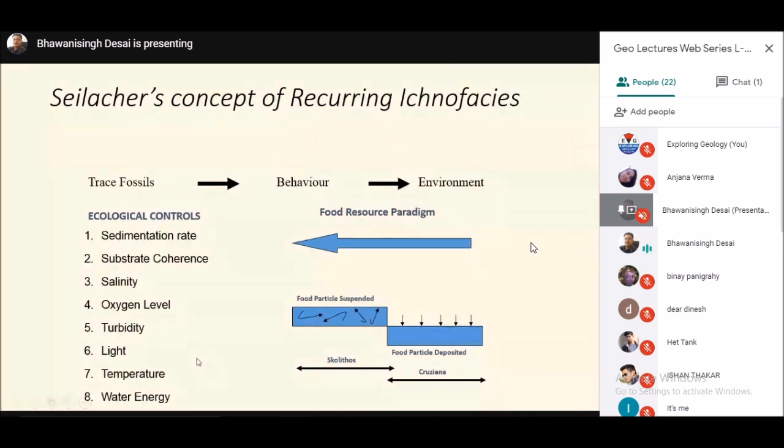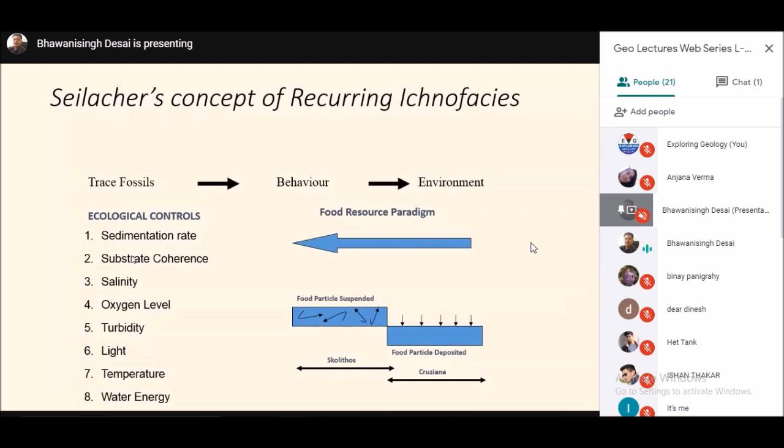That is the organic matter availability. Now, in a shallow marine environment, when we come to the shoreface environment, where your waves are building up and colliding with the foreshore environment, what happens? Your water is already agitated, so it is turbid, and your substrate is of loose sediment.